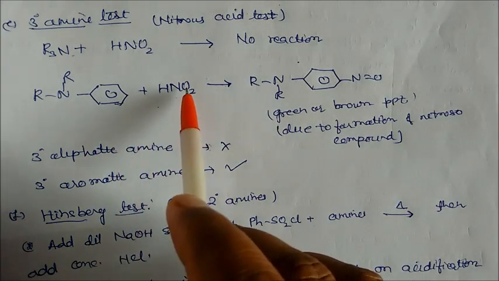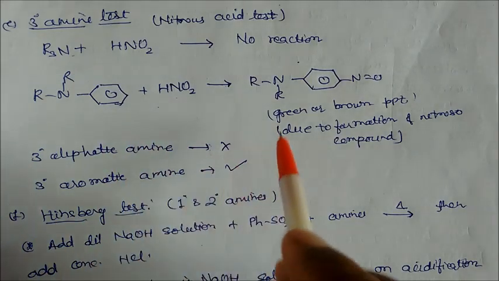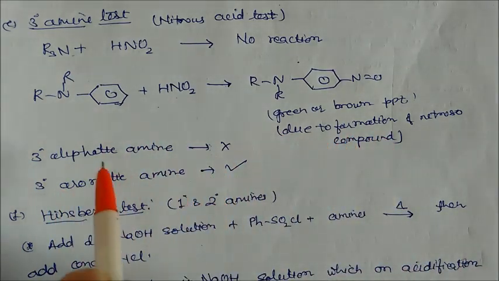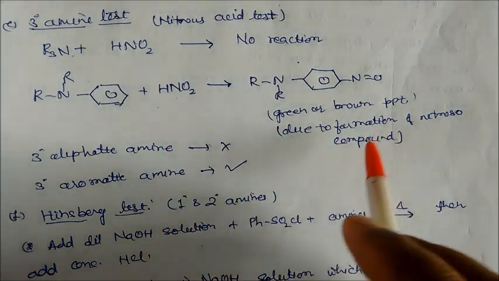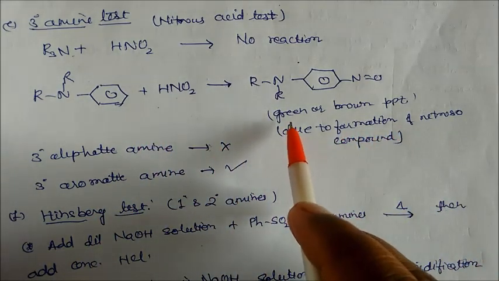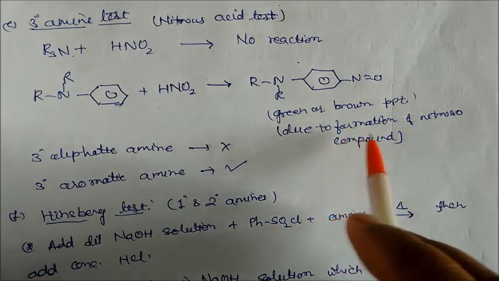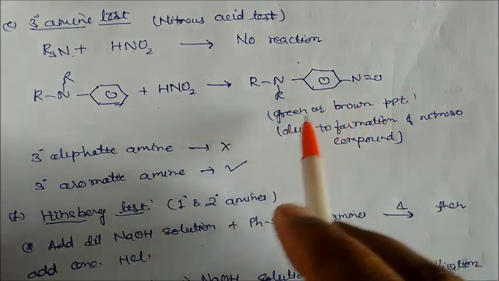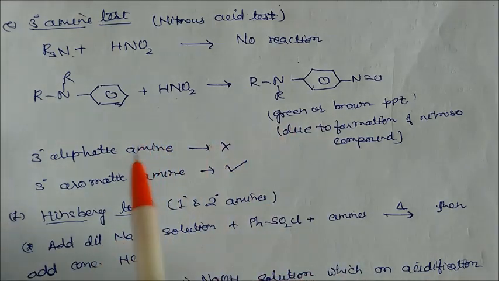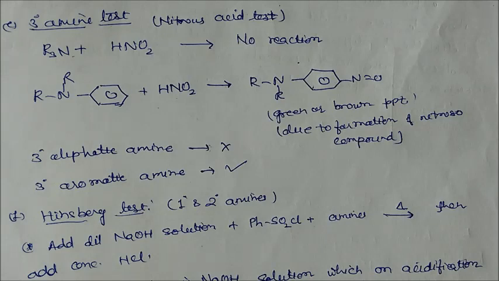But if you take aromatic tertiary amines, they will give the test, forming a green or brown precipitate, the nitroso compound like this one. So this will give the color test. This is used for the aliphatic, not for the aromatic. Keep in mind, this is very important from the examination point of view.